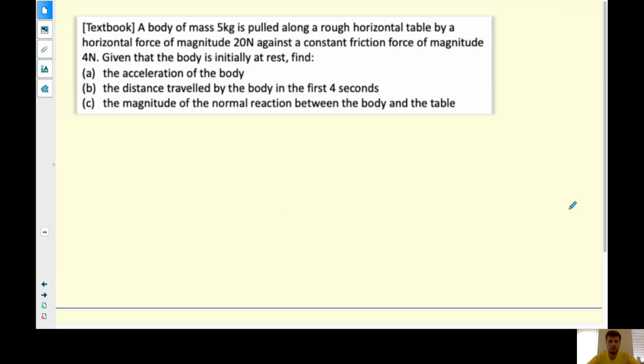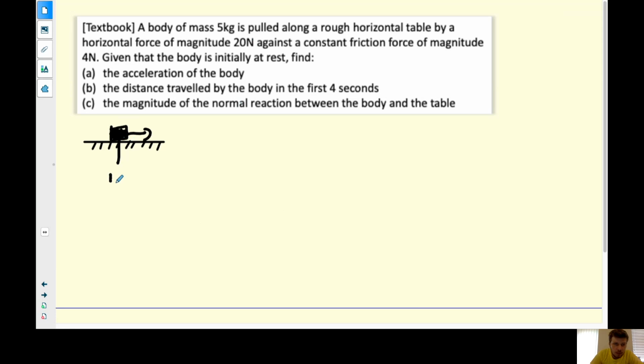So a body of mass 5 kilograms is pulled along a rough horizontal table by a horizontal force. So I've got some shape here. I don't know what it is. I'm going to actually draw a table nice and straight. And it's being pulled along a rough horizontal table with a force of 20 newtons.